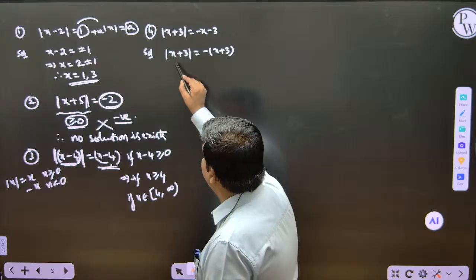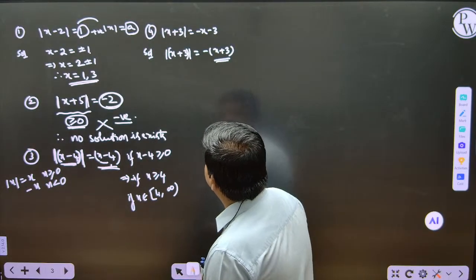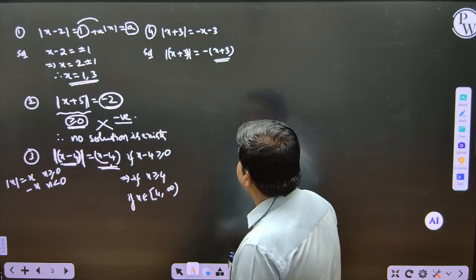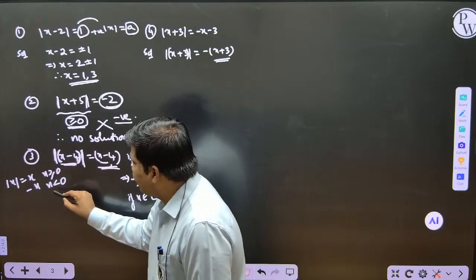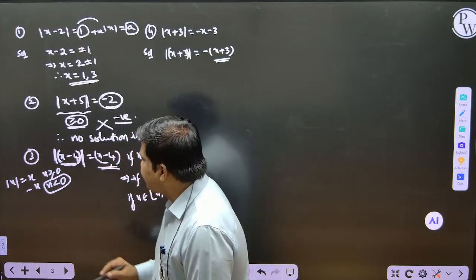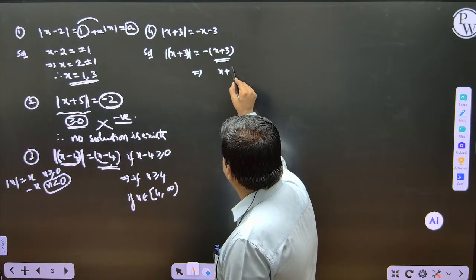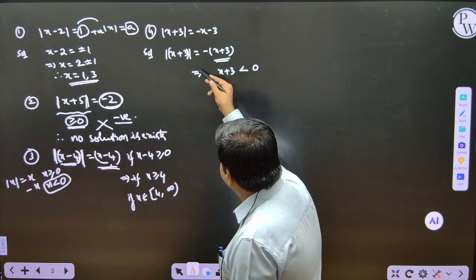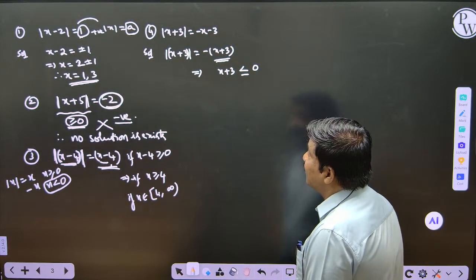So the inside of the modulus is written as a negative of itself, which means compulsorily the inside of the modulus should be negative. That means x plus 3 should be negative. If it is 0 also, no problem.